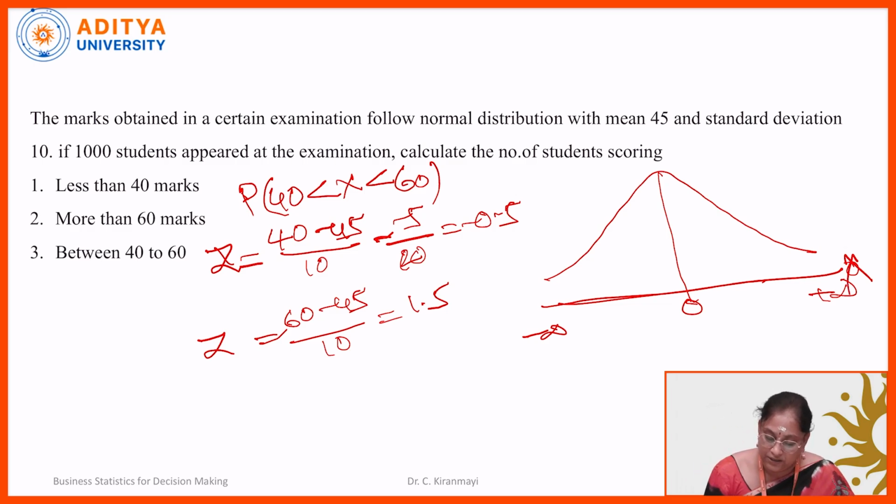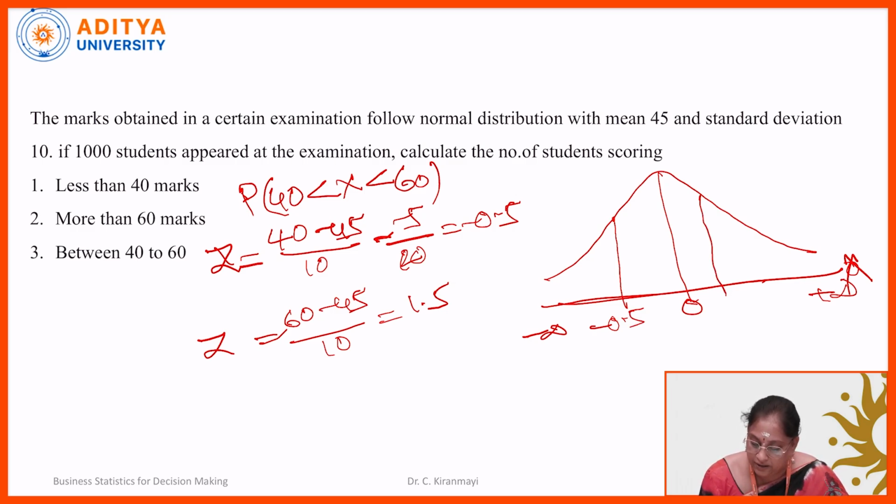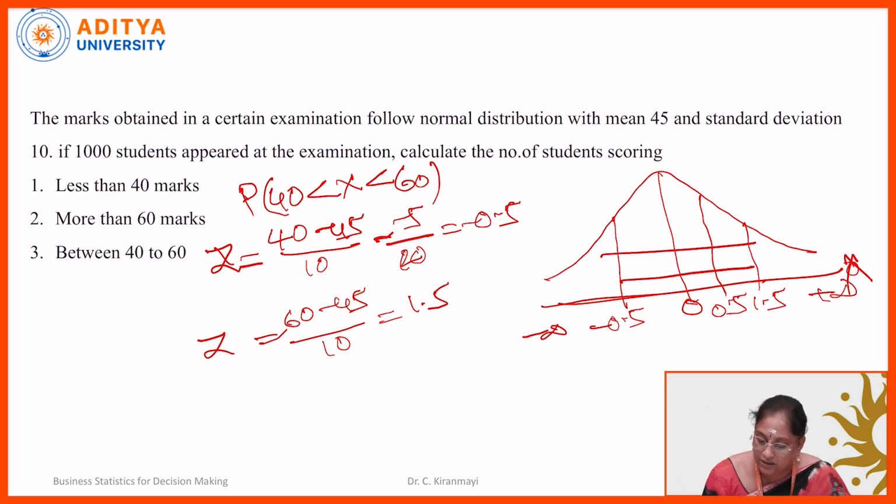First we have to consider minus 0.5. So, minus 0.5 lies here. This is 0, and next 1.5 lies somewhere here. We have to find this area. How can we find it?